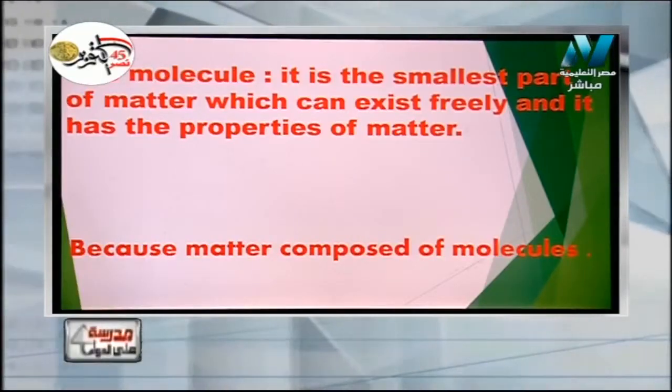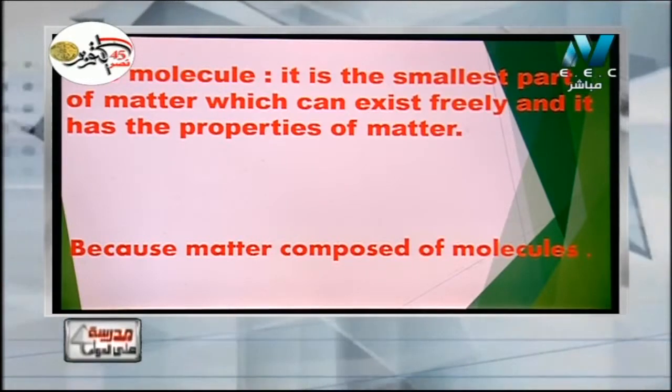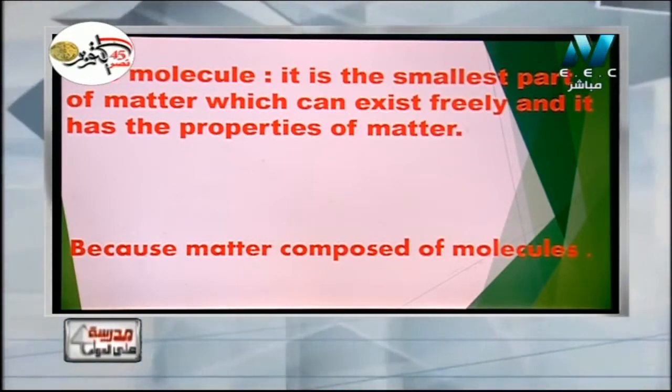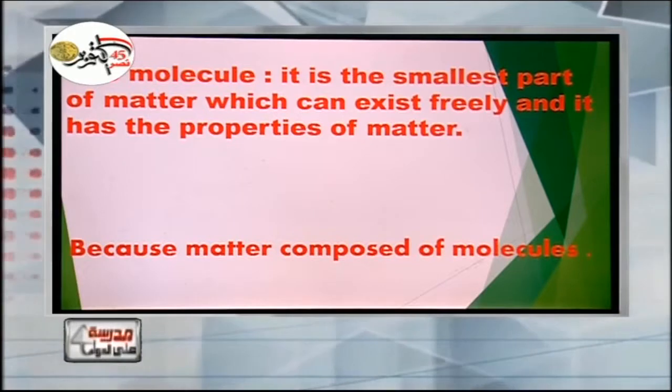Any matter, any element, any substance consists of small particles that are called molecules. And the molecule, as we will study later, consists of atoms. But what is meant by molecule? As we see on the monitor, the molecule is the smallest part of matter which can exist freely and has the properties of matter.